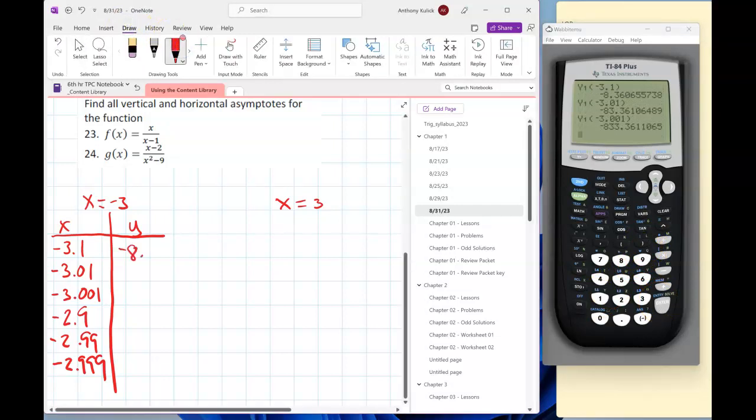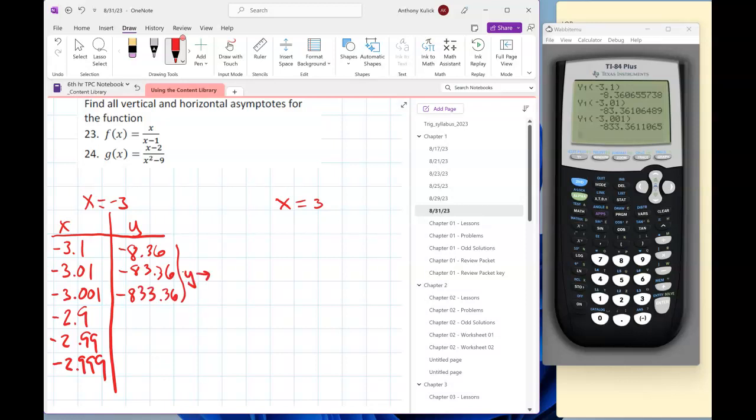Negative 8.36, negative 83.36, and negative 833.36. I notice for each of these, y is getting smaller and smaller without bound. We're heading to negative infinity.